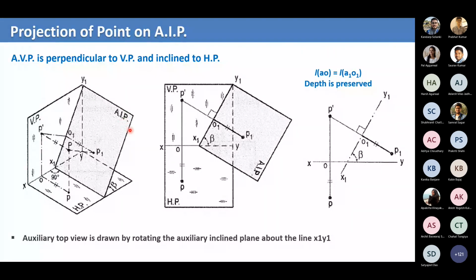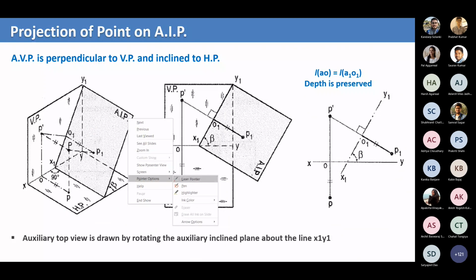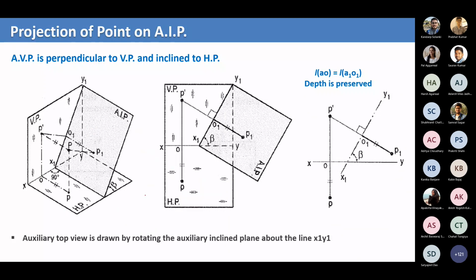Now when you are taking your projections, front view, top view, you see from this side to get the front view. Similarly, when you see this whole plane from this side, what do you see?